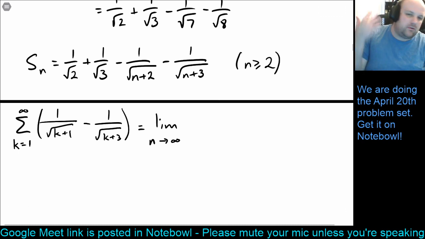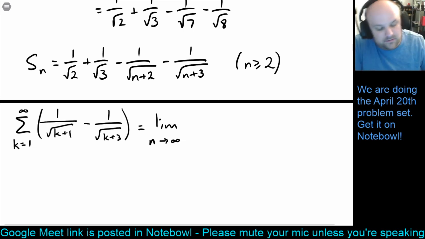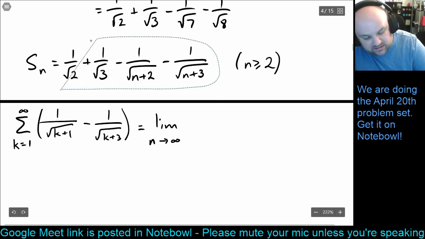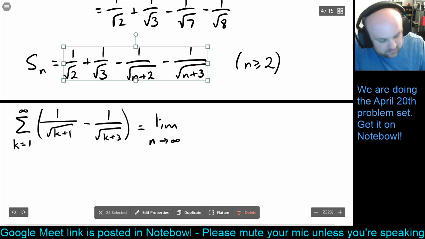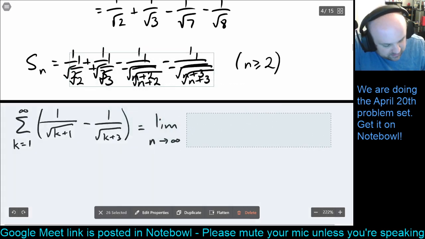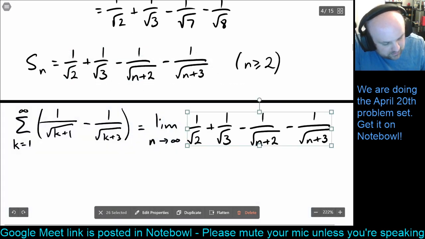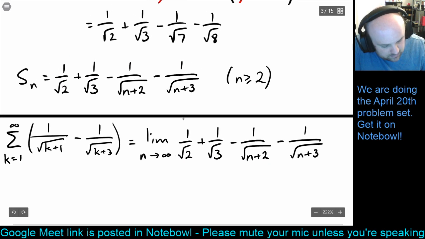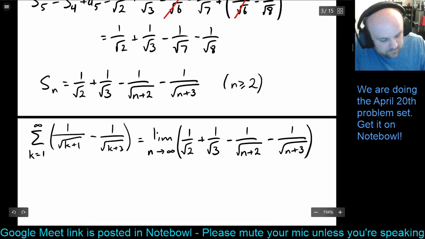We can ignore the first term in a sequence. It's not going to have any bearing on the actual limit. Okay. We're taking the limit of this stuff. Hopefully it doesn't freeze this time.